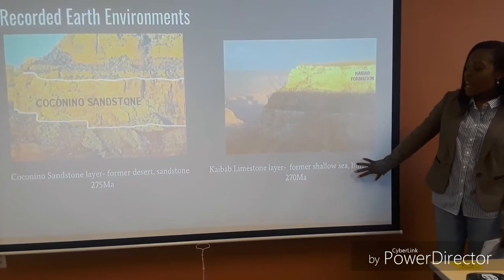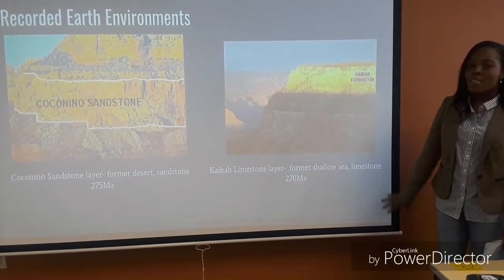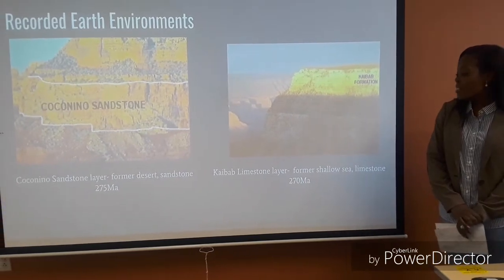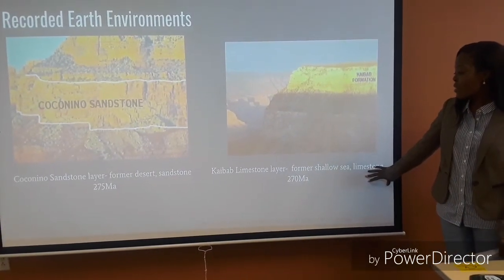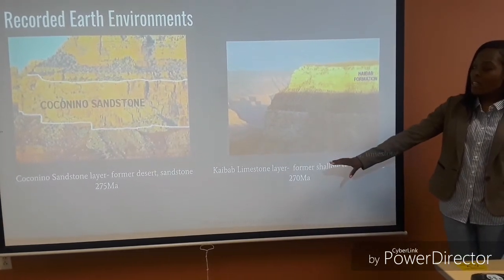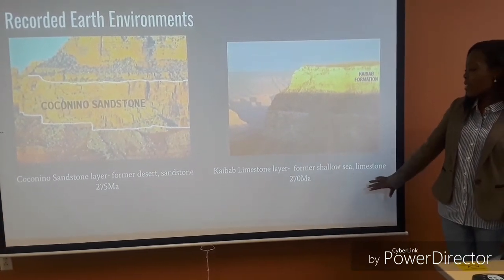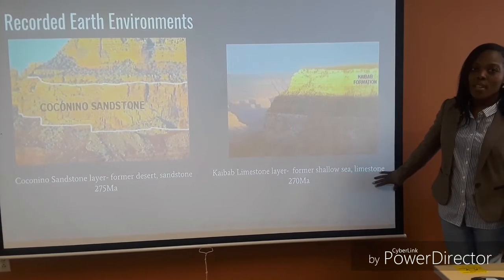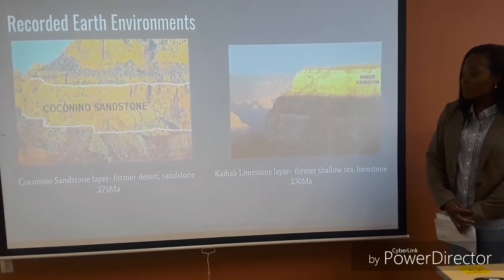Next is the Kaibab limestone layer, which is about 270 million years old, which shows that the area, which was once a sea, turned into a desert, and then was covered once again by another shallow sea.